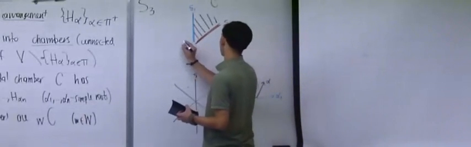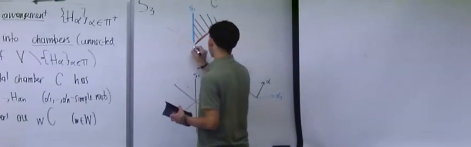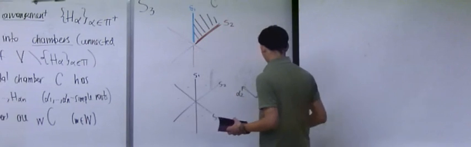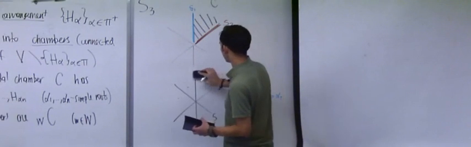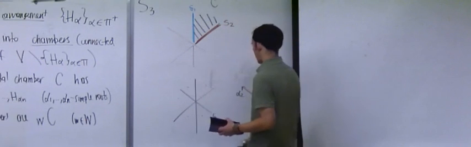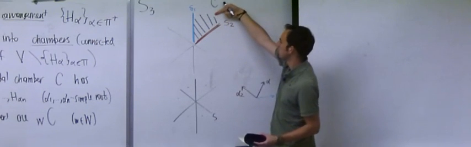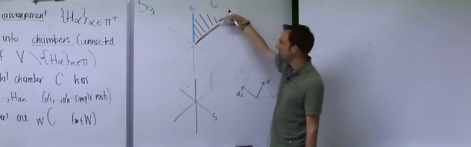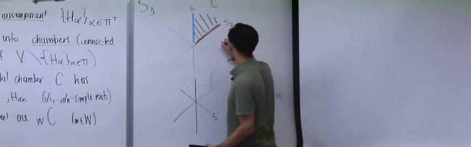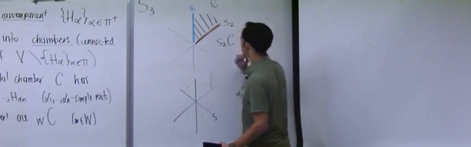I'll add colors to this in a second because I'll need to. But for now, I want to say that we've done this already. If you let S2 act on this chamber, then you're going to send it over here. So this is S2 times the fundamental chamber.